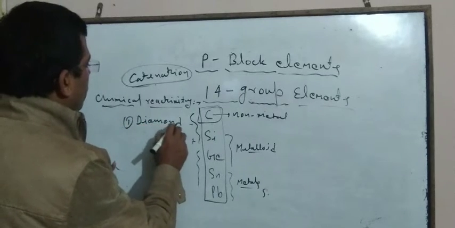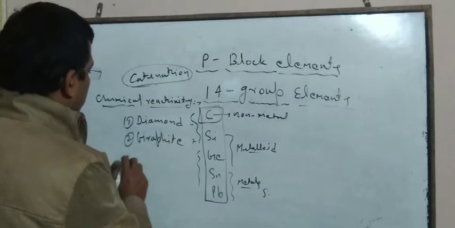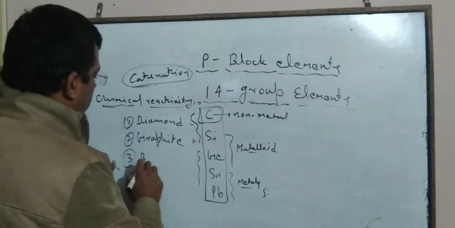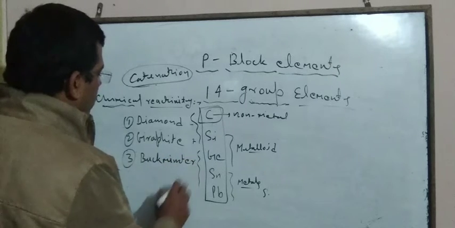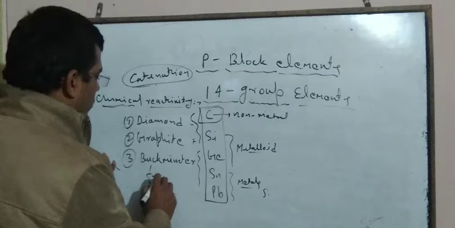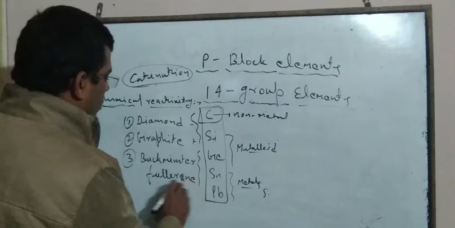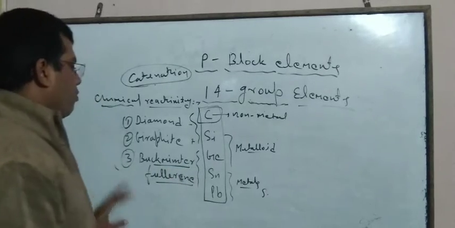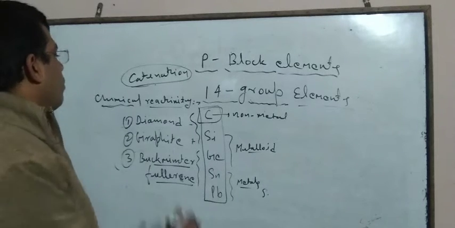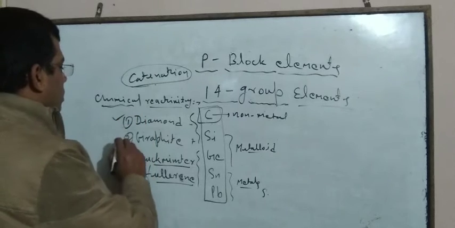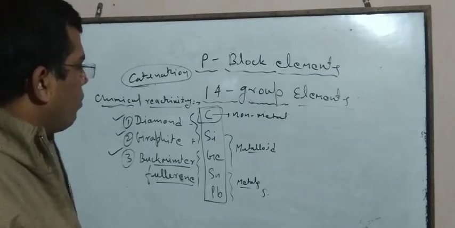Carbon has three types of allotropes. One is diamond, second is graphite, and third is Buckminster Fullerene.